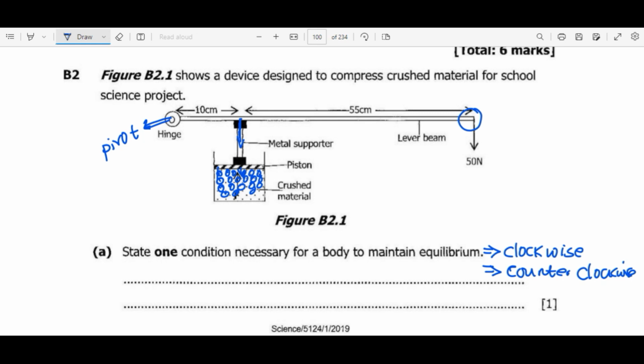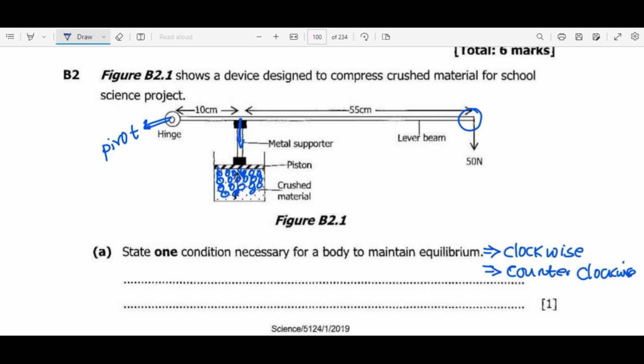So as the materials come closer to each other, they are being crushed. Now if the force applied for the clockwise moment is not strong enough, this piston will not move down.